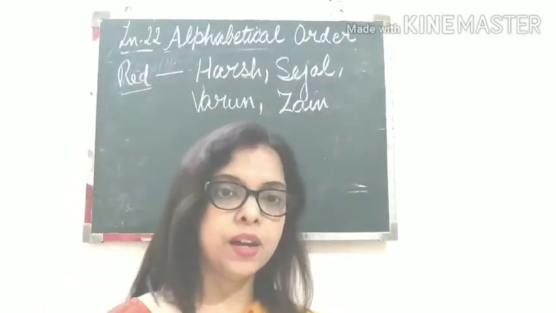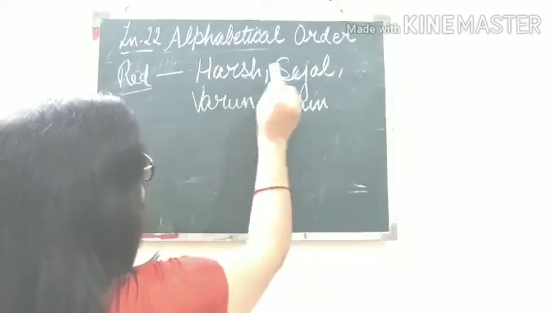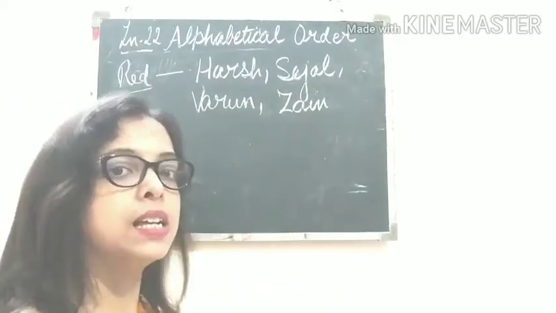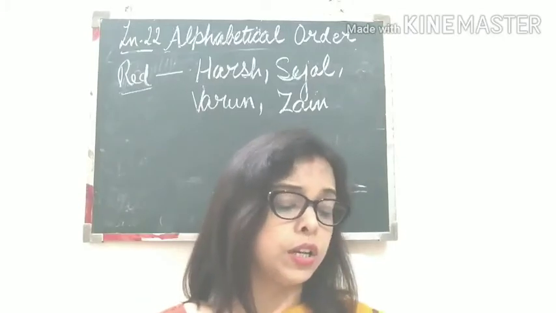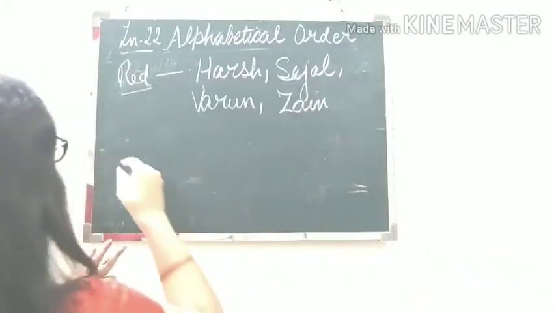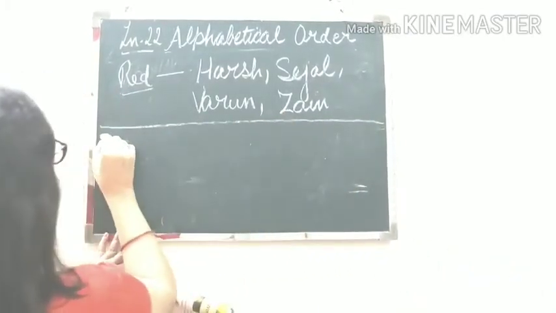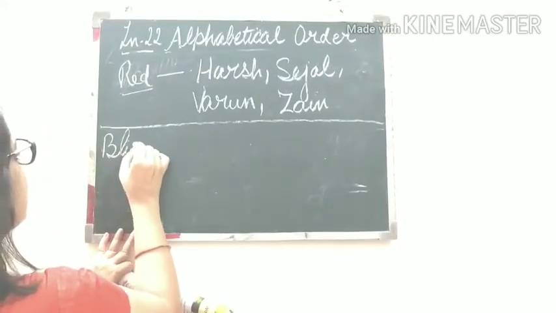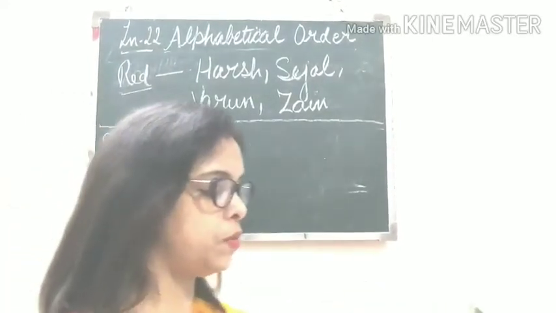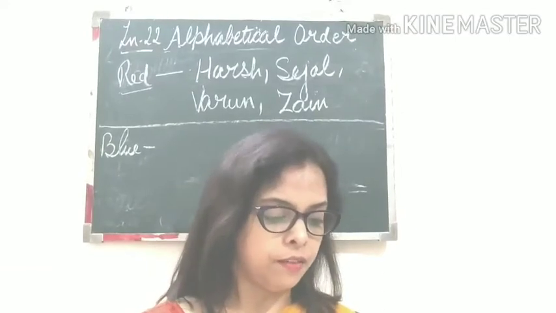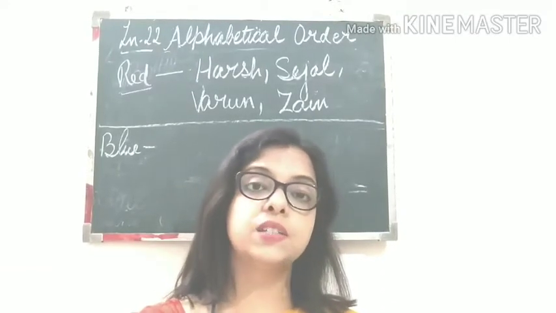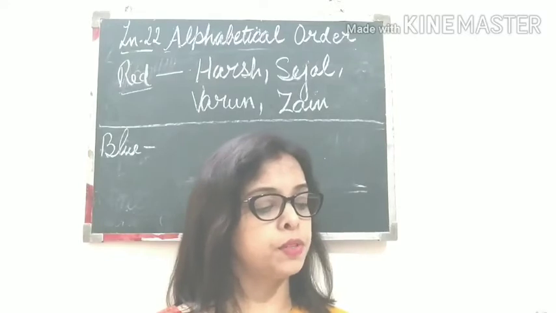So the names in red, in alphabetical order, are Harsh, Sejal, Varun and Zain. Now the names in blue. What are the names given? Ken, Meena, Divya, Yash.